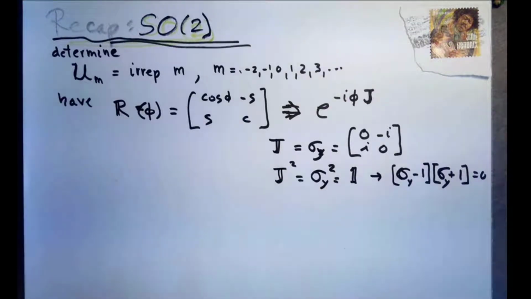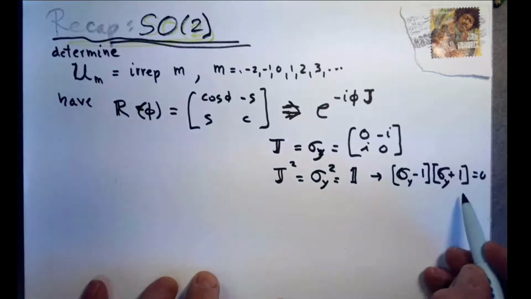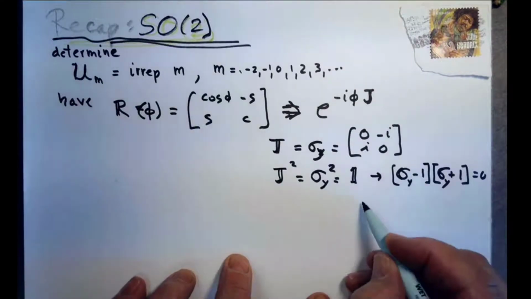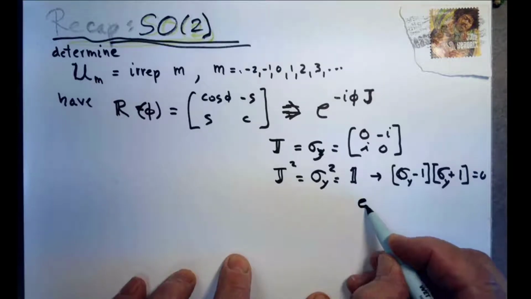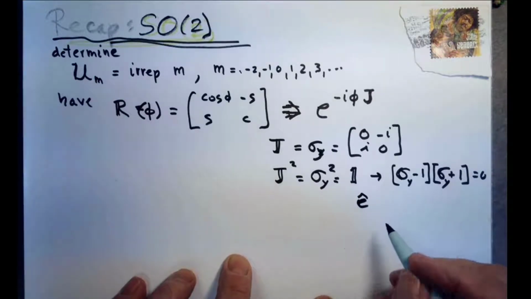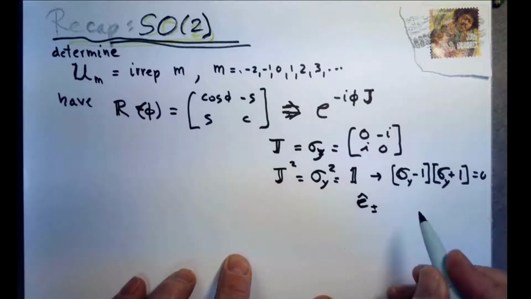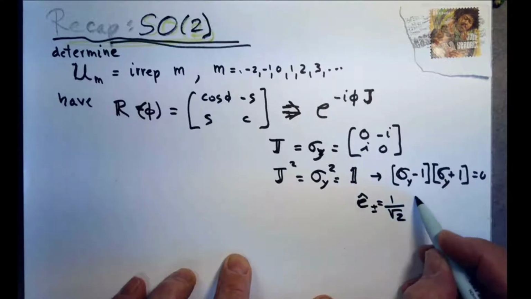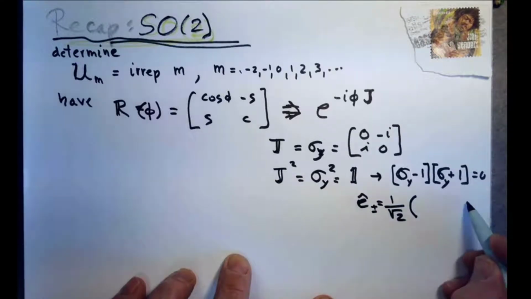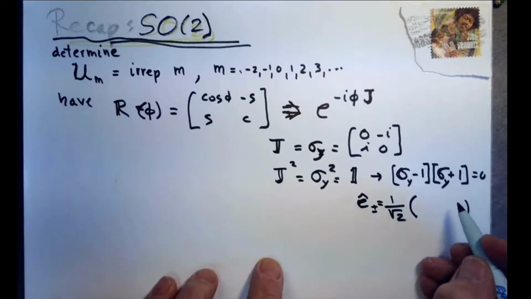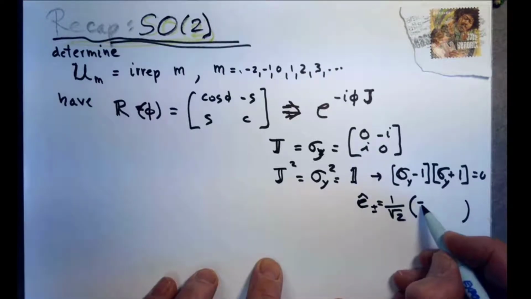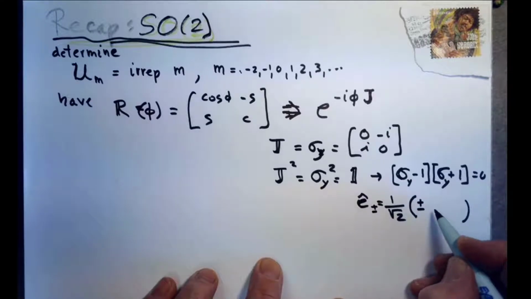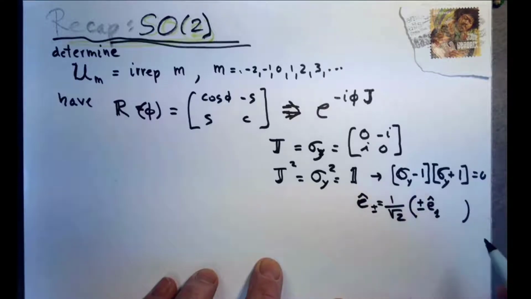And it's the usual story. These guys, it's easy to figure out. They have eigenvectors, 2-dimensional vectors, plus minus, with a square root to make them normalized. We either are plus and minus along the x direction, but these guys are actually complex.